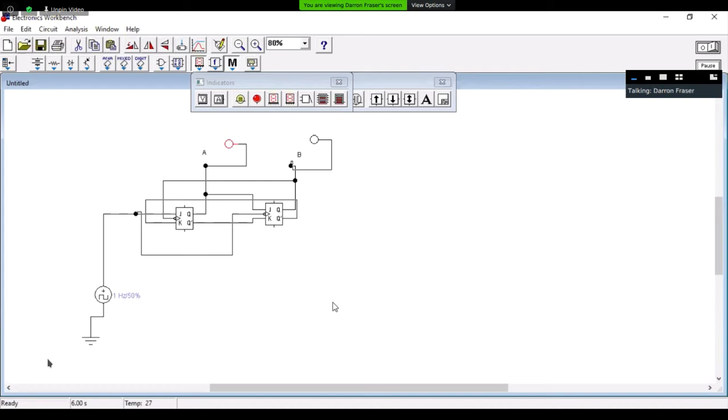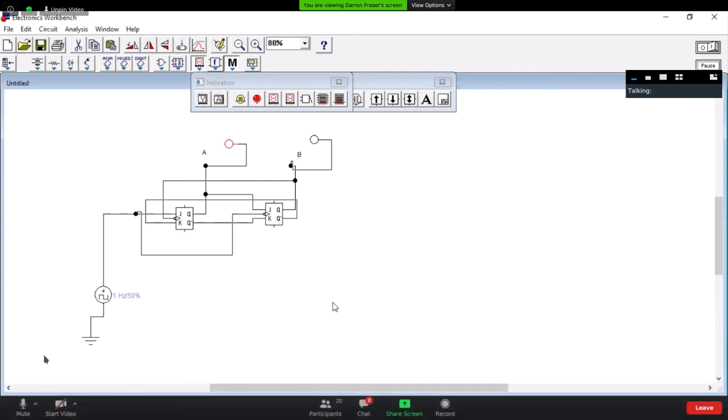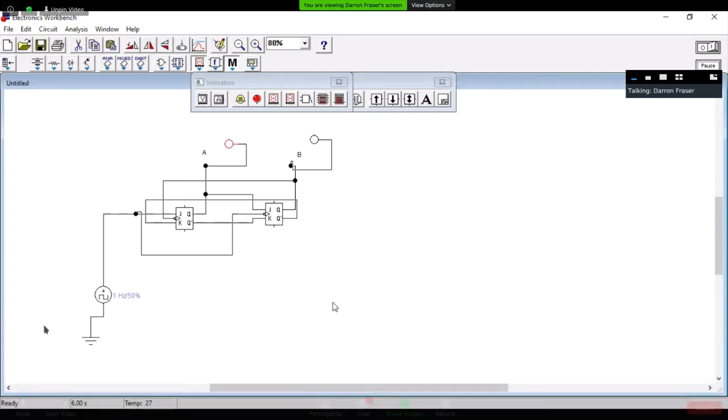KB should be X. Okay. So KA should be X. What do you have KA as? Should be X. Yeah. I think that's one of the issues. So let me just do that back over.